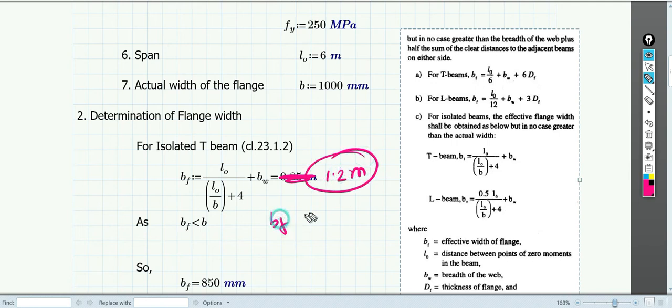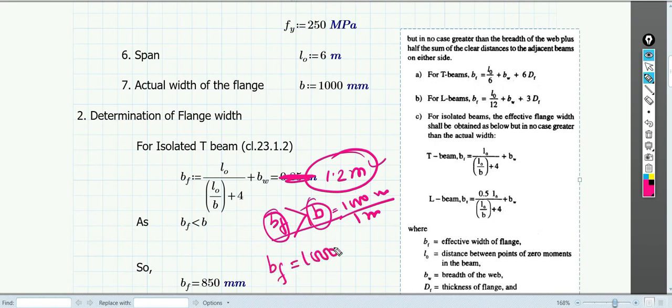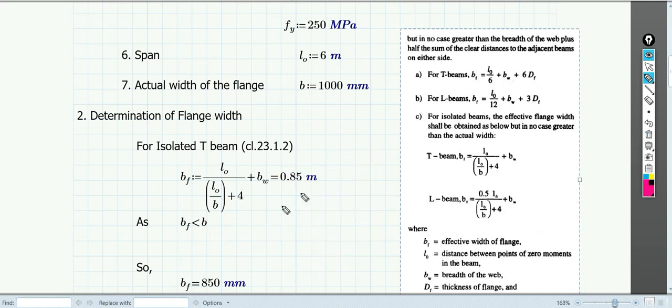Here bf is more than b, where b is 1000 mm or 1 meter. So what is the flange width you have to assume in this case? That will be 1000 mm, because this is what is actually available to you. So you will be using the minimum of these two. Here the minimum of these two is 0.85 meters, so that is what we are taking as the width of the flange.